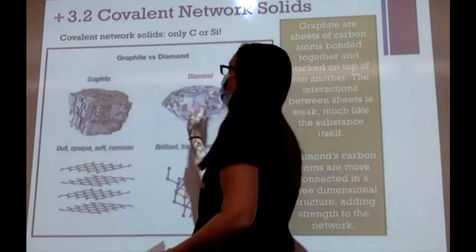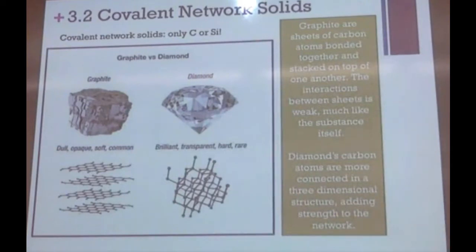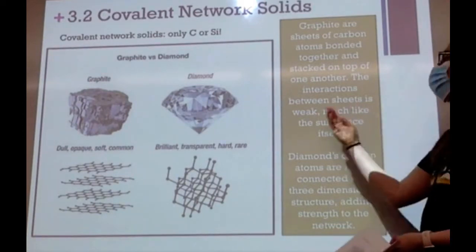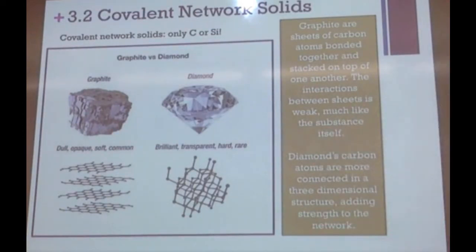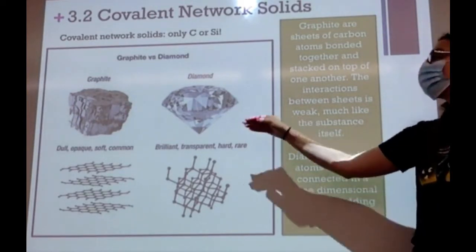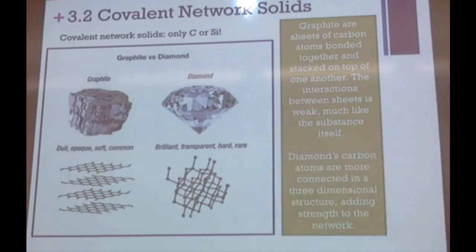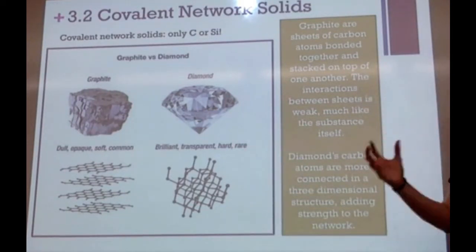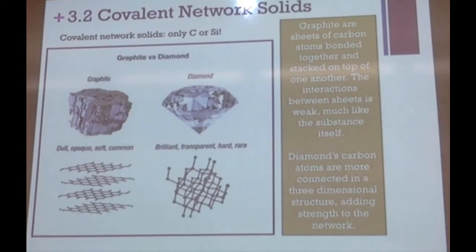And so both of these are carbon, both of these are covalent network solids. Now with covalent network solids, especially diamond has a very high melting point. So we expect high melting points for covalent network solids. And that's due to, again, the covalent bonding between all of the atoms in the solid structure.